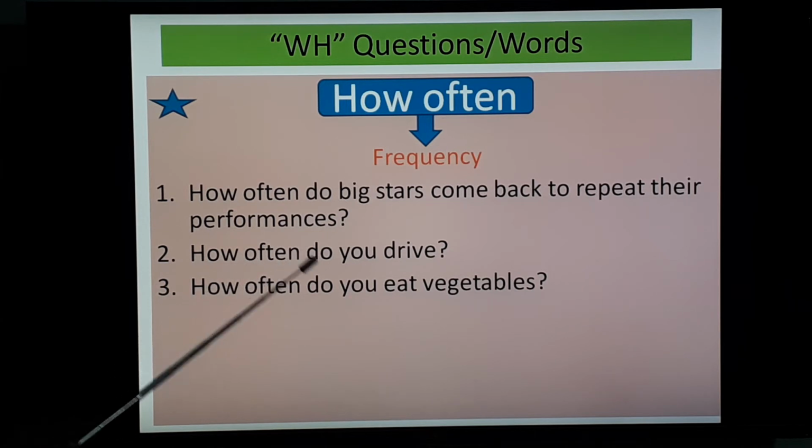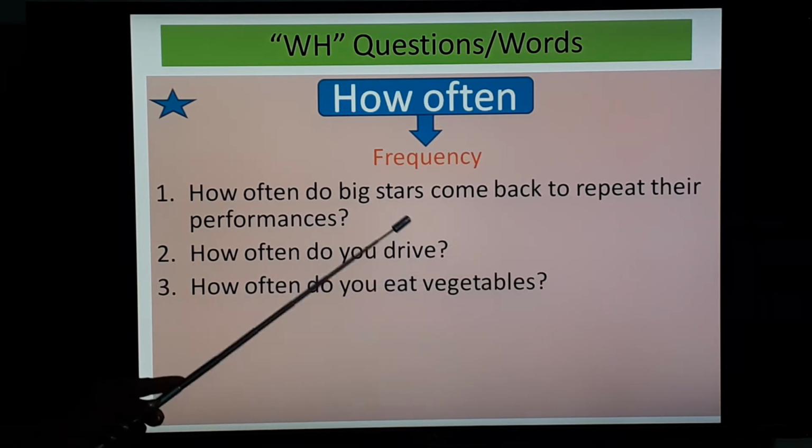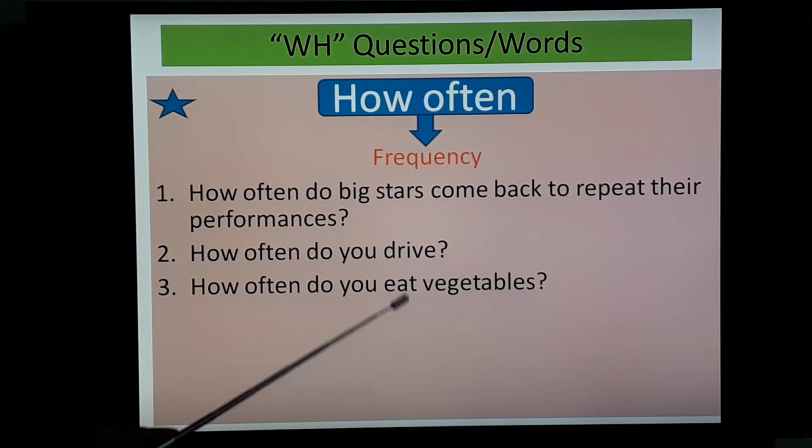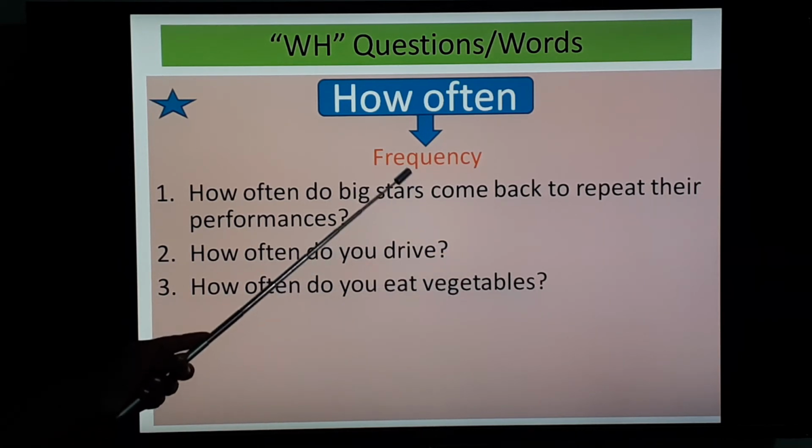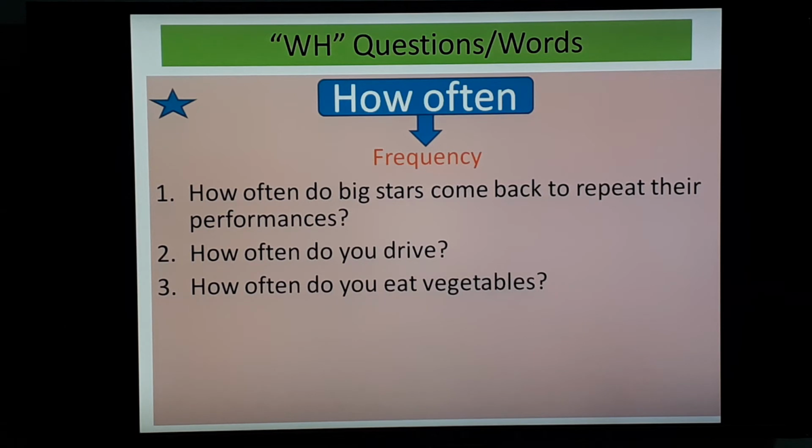How often do you eat vegetables? If I answer this, I would say I eat vegetables daily. Or you can say twice a day, thrice a day. So twice, thrice, that is frequency. How often do you travel?